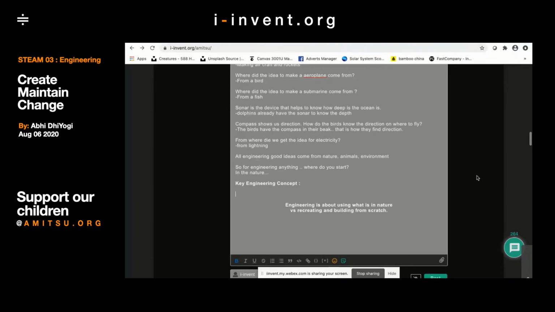Yes, and most important, using whatever is in nature, then making stuff. That is engineering. So what does a good engineer do? He uses whatever is in nature first, then he builds on top of it.